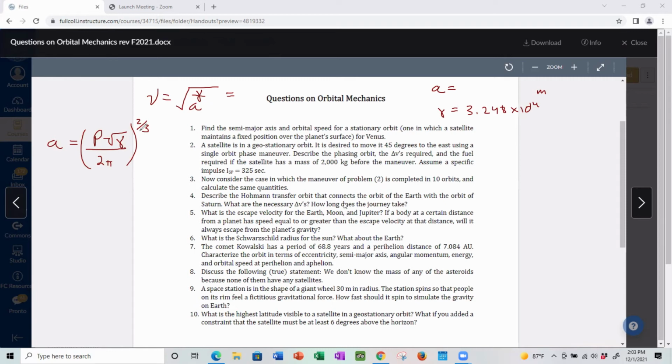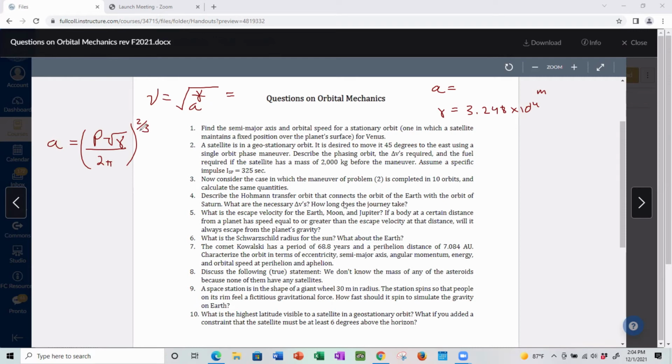So what did we say the period had to be? 243 days. What was that number? It was 2.1 times 10 to the 7 seconds. Thank you. Times the square root of gamma divided by 2 pi.